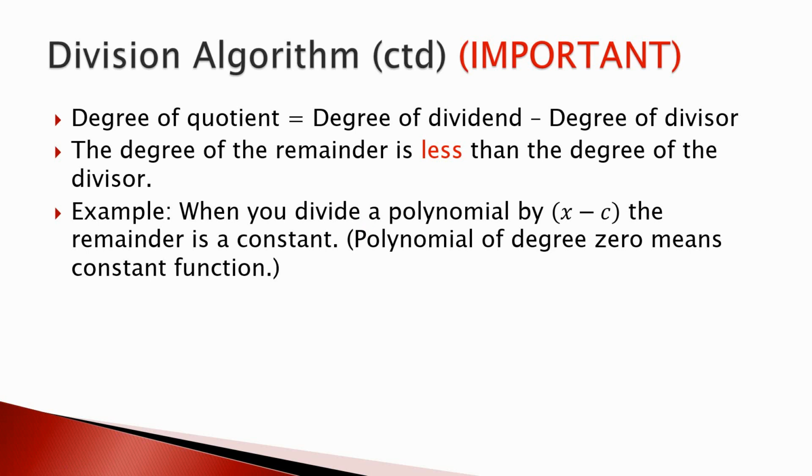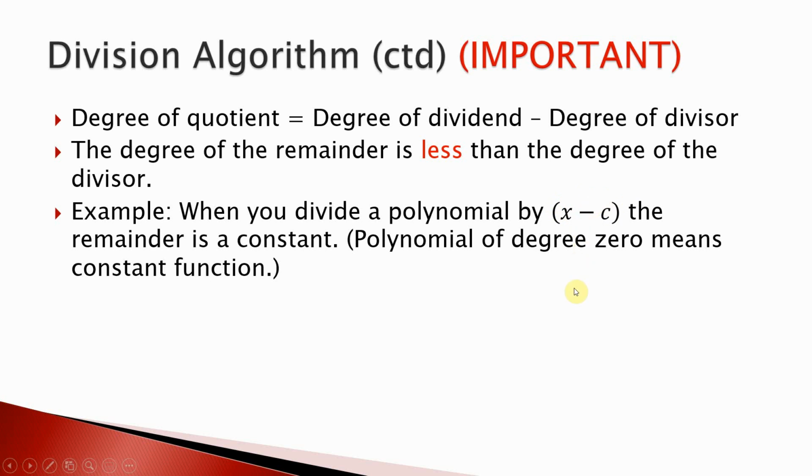For example, when you divide a polynomial by x minus c, the remainder is a constant. The constant is a polynomial of degree 0. This has degree 1, so when you divide by this, the remainder would be a polynomial with degree 0, since 1 minus 1 is 0.